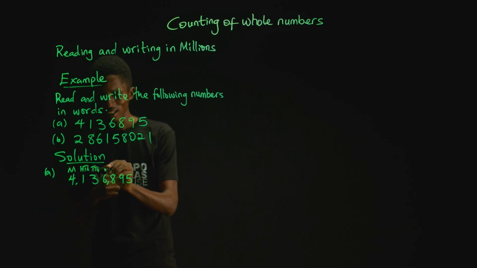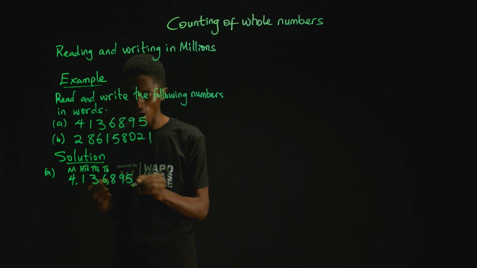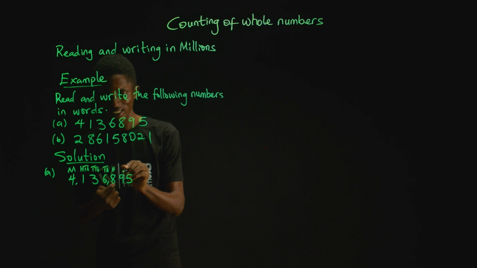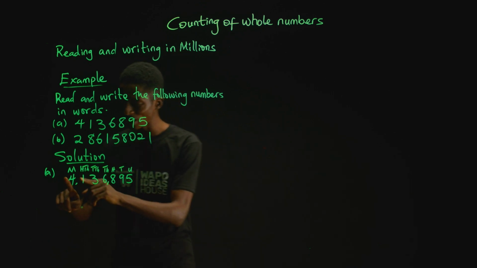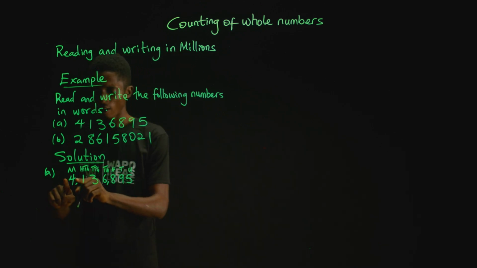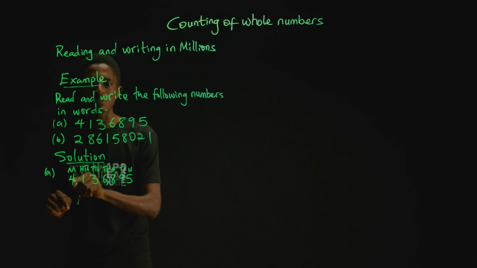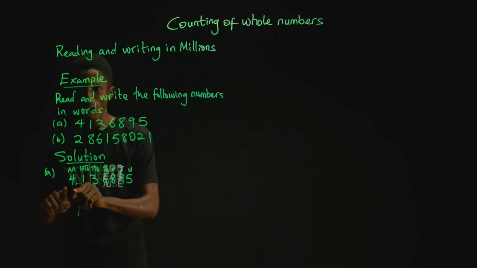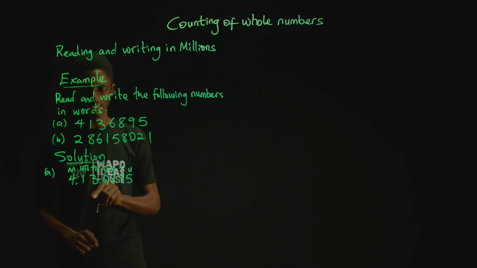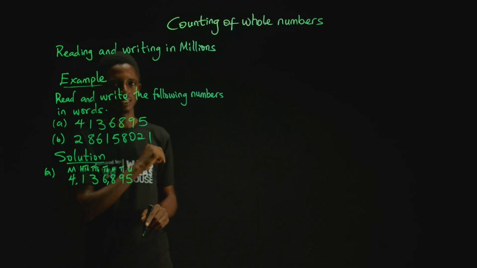This takes thousands. And of course, we have the hundred, ten, and unit. So to read this right, we start with the first one by saying 4. Then the place value, million. 4 million.